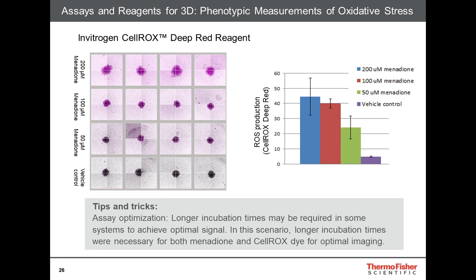But we also needed a longer incubation time for the drug for the same reason, to give it time to penetrate into the thicker structure. And so as you're translating your experiments to 3D, this is something to watch out for with a lot of different assays and systems: to increase the incubation time, and in some cases increase the concentration of your reagent or your drug.